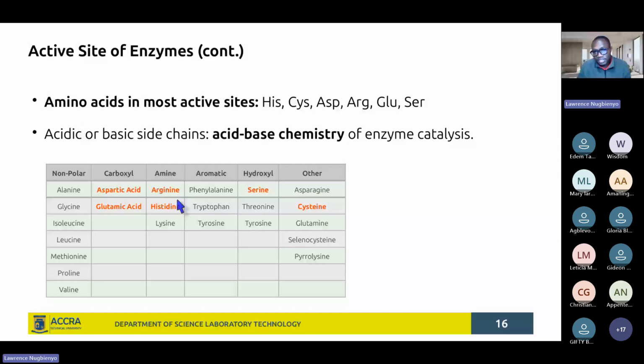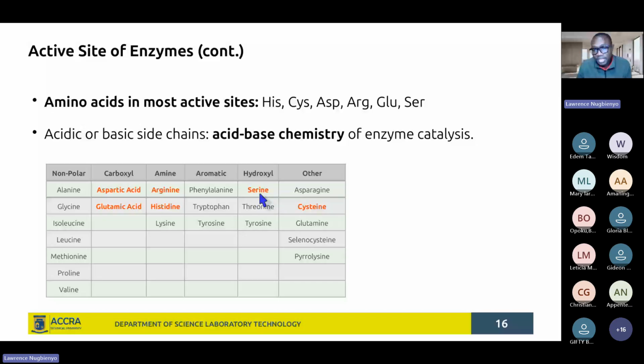Then you also see serine. Serine is having a hydroxyl group on it. And so that hydroxyl group can have some interaction with substrates, even with water, forming some hydrogen bonds with substrates. We'll see some reaction mechanism where serine is involved in some enzymes that act on proteins.